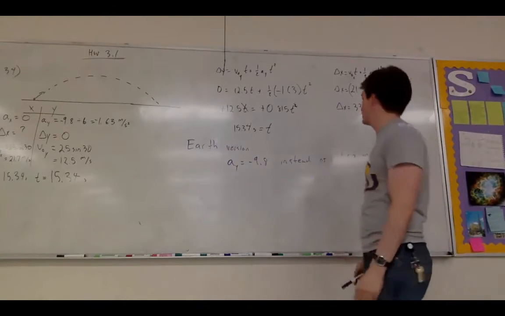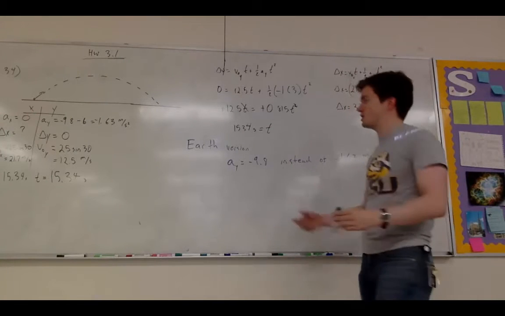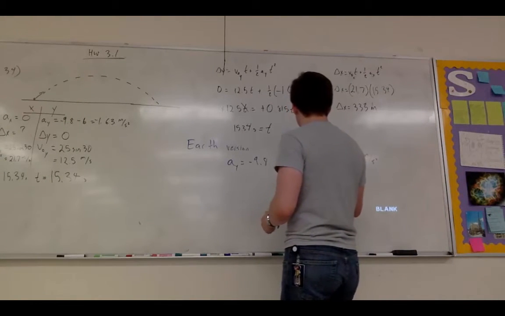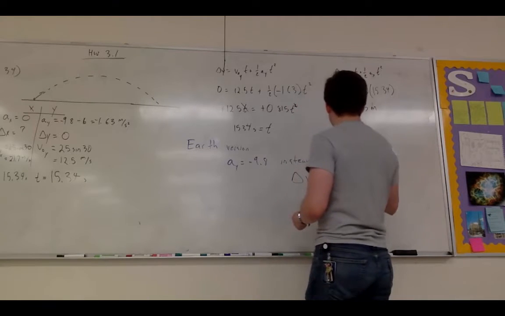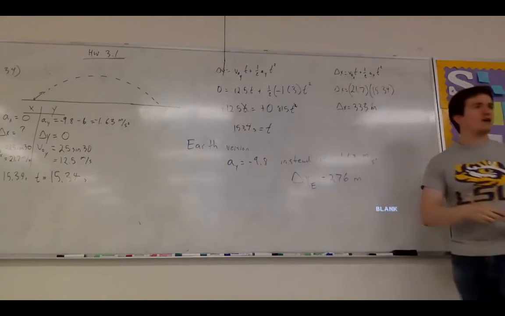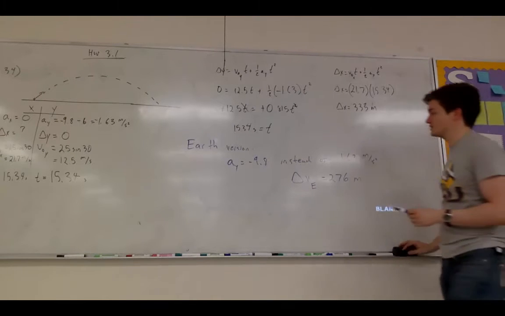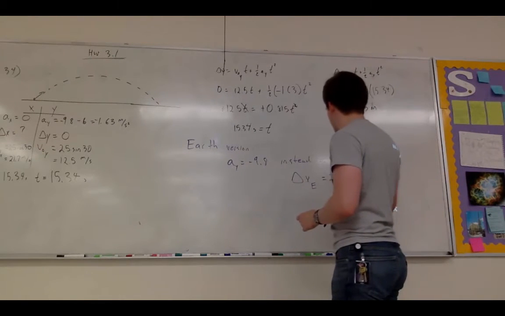What do you get for the delta x on Earth? 276 meters. Is that your final answer? Wait. That's how much. That's the difference. So what is the delta x for the Earth then?